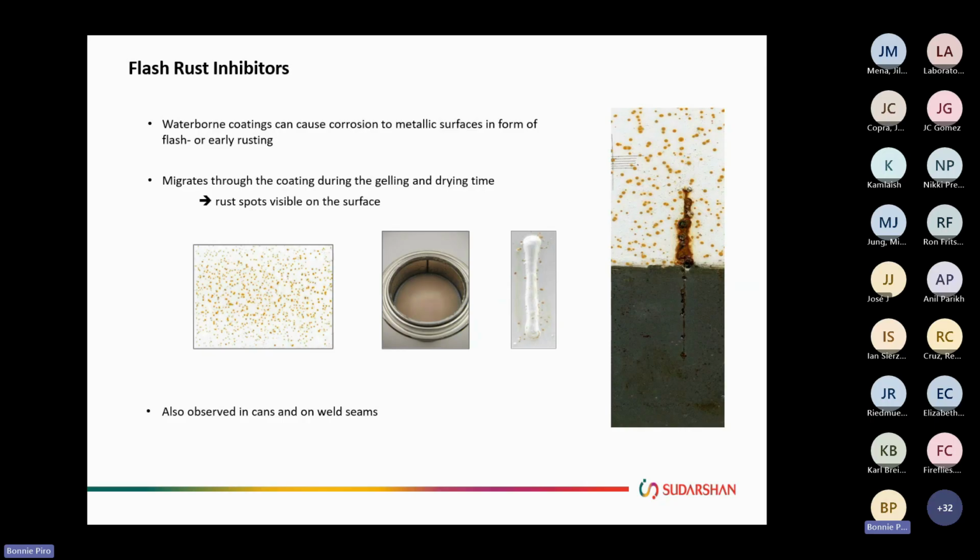That creates these little rust spots on top of the surface. And in some cases, you might also see this in the can, at the welds, and maybe even on the outside as well, where it appears that rust is developing.